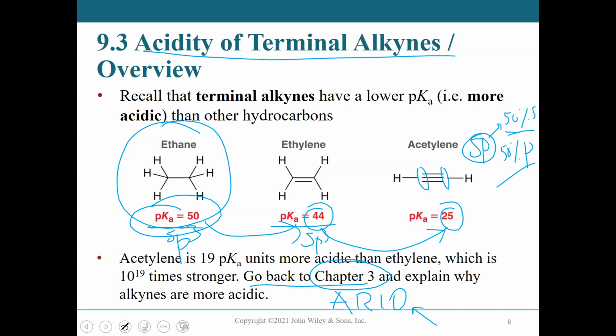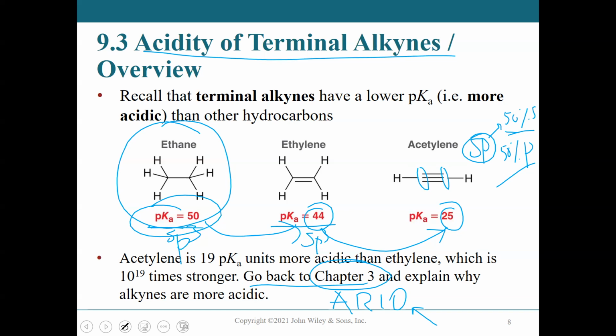So you can see how the acidity increases. If you want more details, please go back to chapter 3, the video about orbitals, and you will find more detail about the sp character and the importance in acidity of hydrogens that are attached to sp carbons.